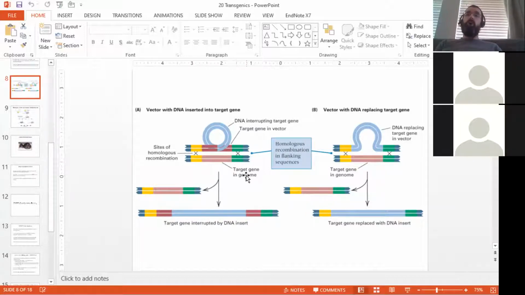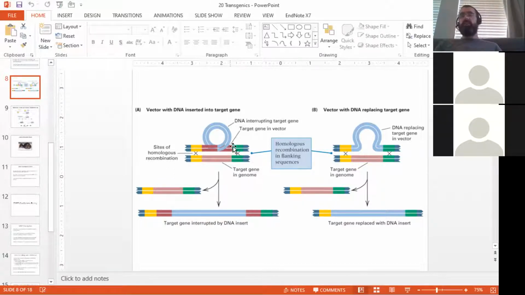And the old school way of doing it was to basically create a vector, right? Which is essentially a carrier of your DNA of interest, right? To get it into the organism. And you create it such that it has regions which are identical to the bits of DNA either side of your gene of interest, right?